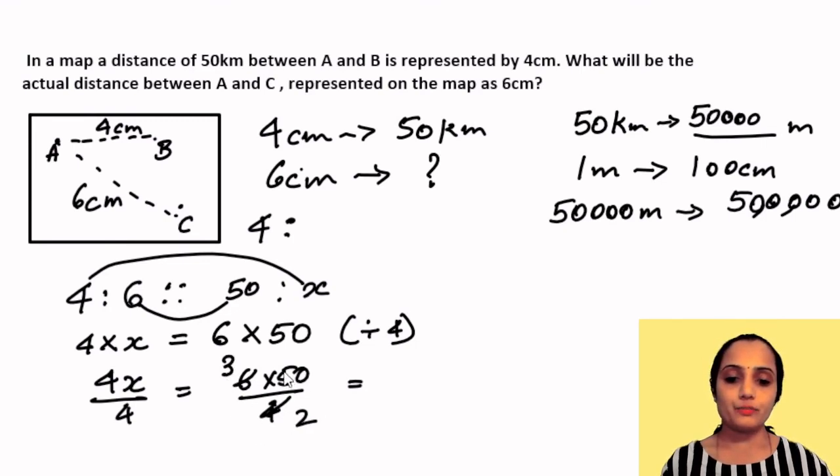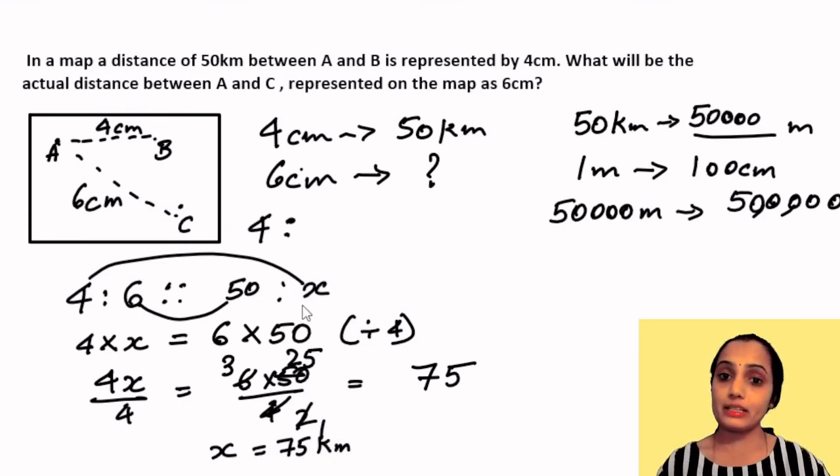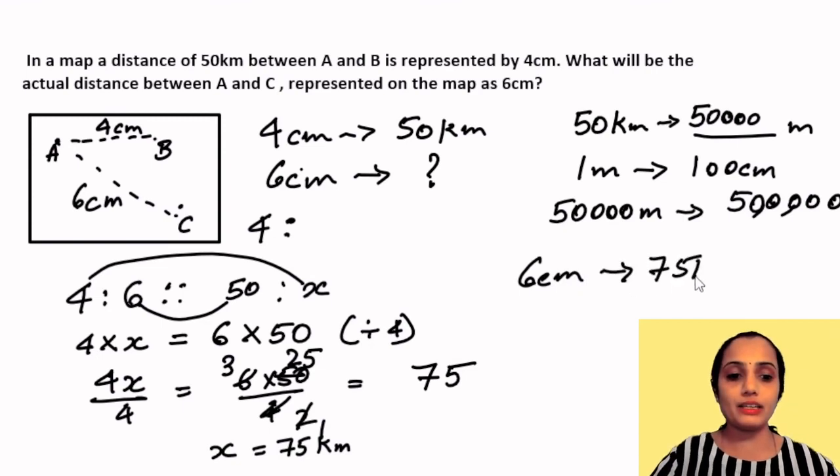Then 50 and 2 also can be divided. So 4 twos are 2, and 25 times 2 is 50. So 3 into 25 gives us 75. That gives us x is equal to 75 kilometers, because the ratio is 50 is to x, so x becomes 75 kilometers. So the 6 centimeters represent 75 kilometers.